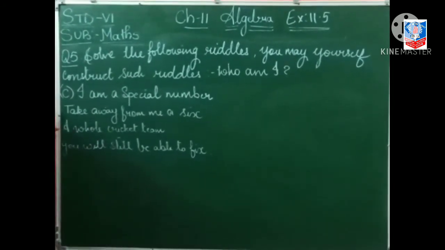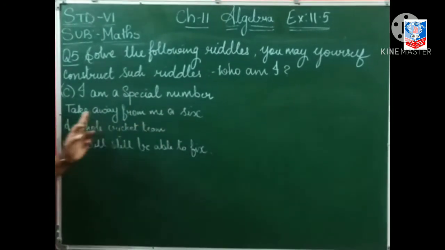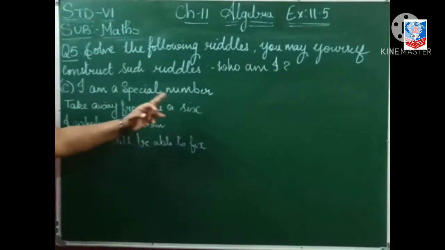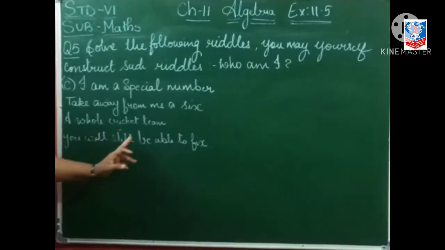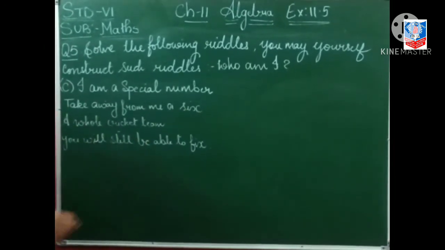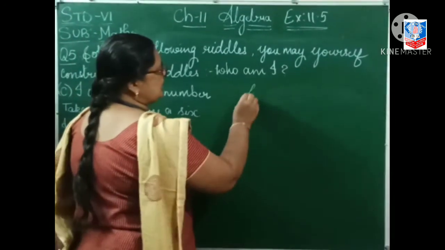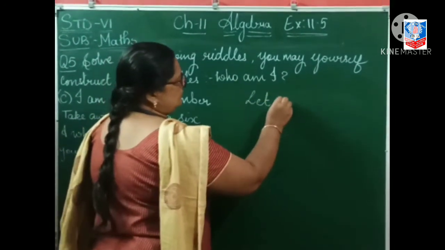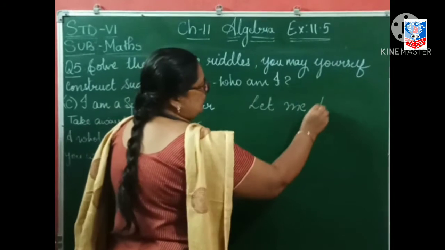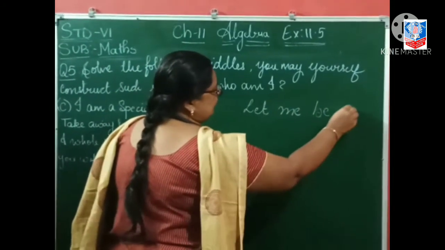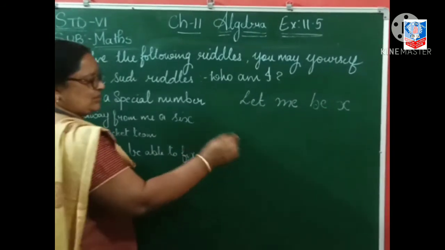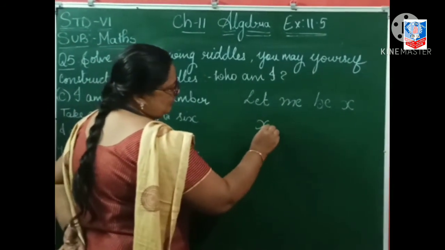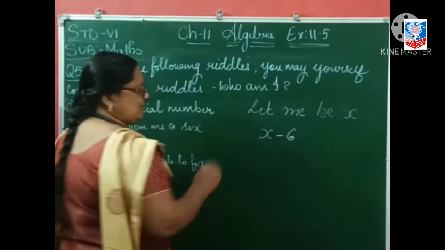Sum number C. I am a special number. Take away from me a 6. A whole cricket team you will still be able to fix. So let me be x. Take away from me a 6. That means x minus 6.